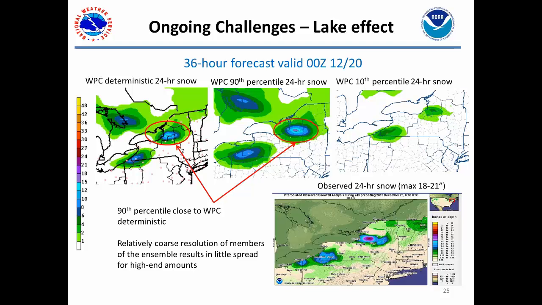And the reason this will occur is many of the ensemble members in our PWPF ensemble are natively at fairly coarse resolution, which can result in too small of a spread for the high-end amounts. And here at the bottom right, you can see the actual observed max was around 18 to 21 inches, whereas our 90th percentile was on the order of 15 inches.